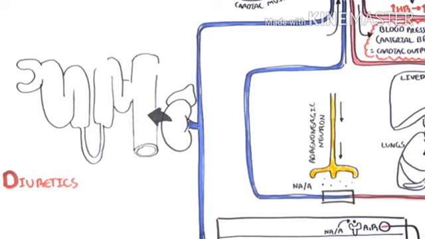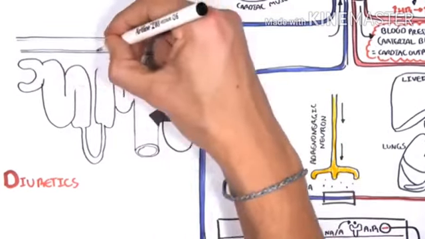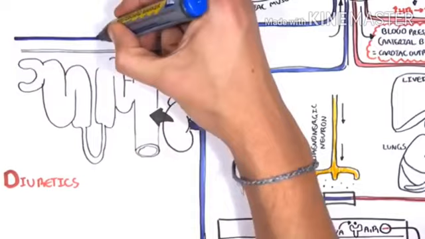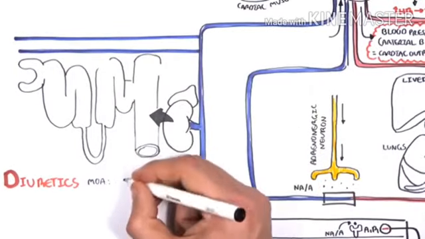The diuretics mainly act on different parts of the kidney nephron. We just draw here one blood vessel, a vein, that is collecting the water along with the sodium ions.